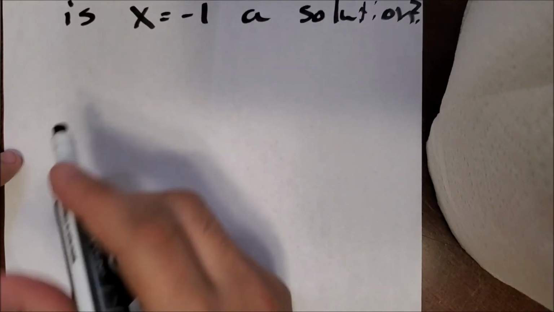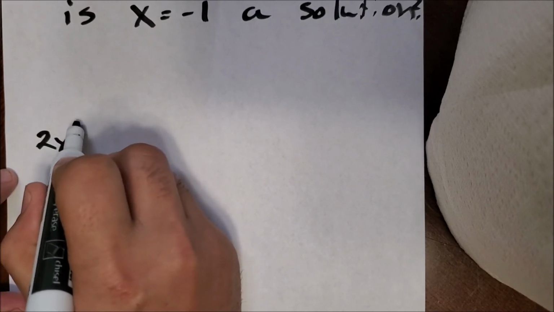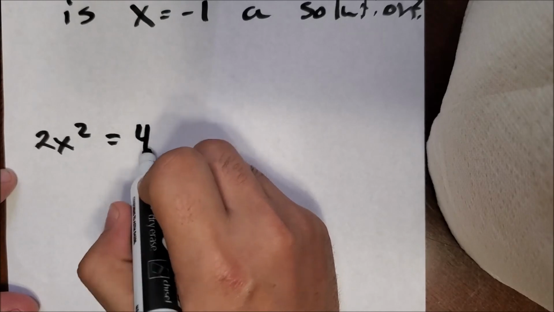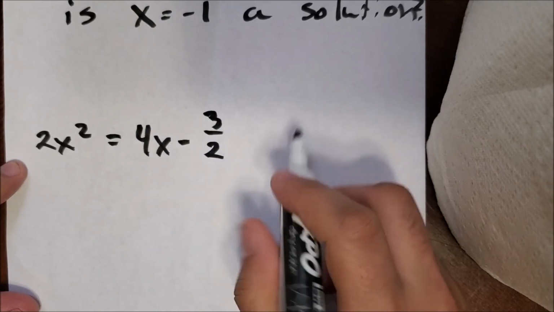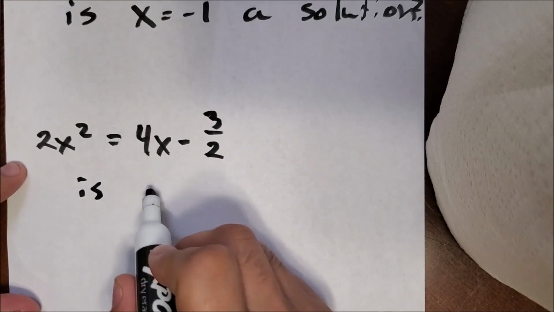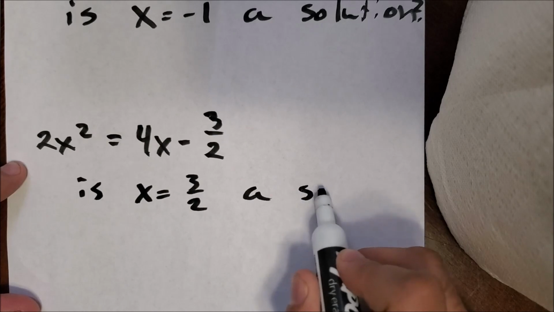And then you can also check 2x squared equals 4x minus 3 halves. Is x equal 3 halves a solution?